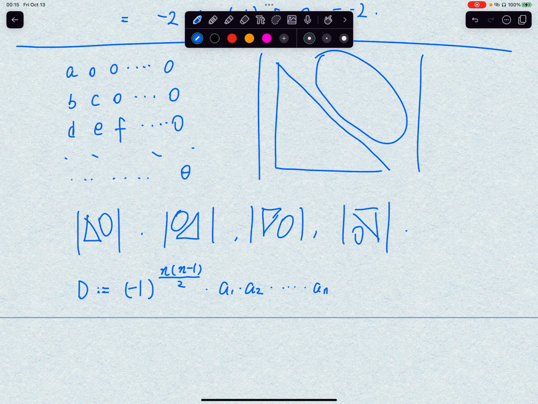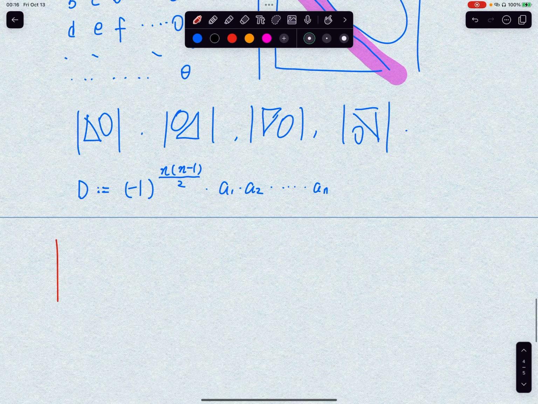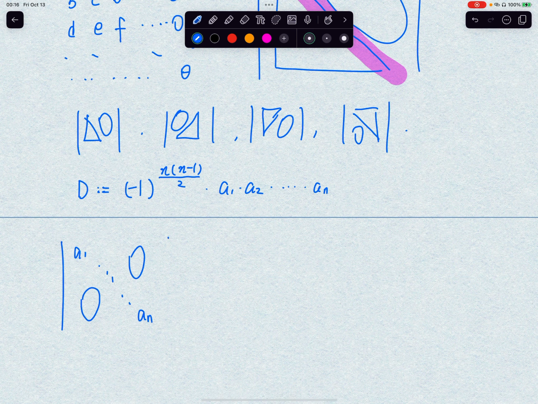Suppose we're doing an n by n matrix where a1, a2, and an are just the values on the diagonal, only on the diagonal. And similarly, for the array with non-zero elements appearing only on the diagonal, we have, for example, a1, an, with all the others being 0. So it is just a1 times all the way down to an.